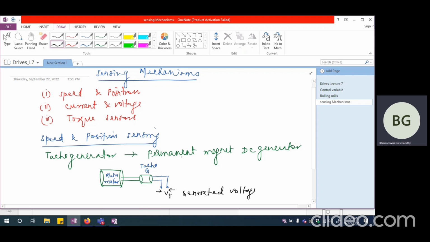And if I have a permanent magnet in place, the generated voltage in any DC machine, as you all know, is proportional to the flux and omega. And flux is going to be a fixed value, determined by the permanent magnet's flux. The permanent magnet is going to offer a constant value of flux no matter what.